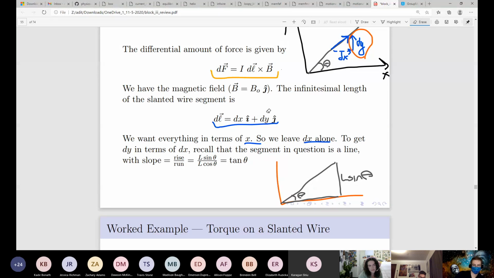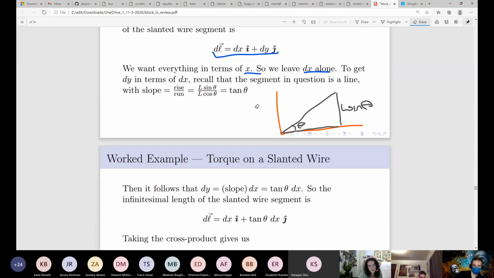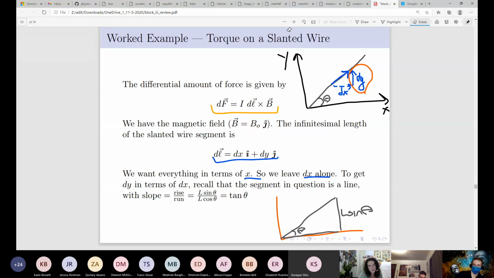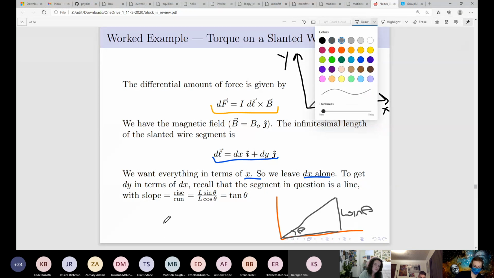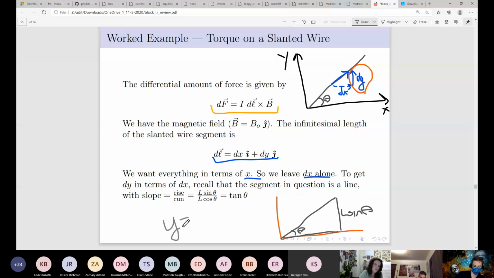Now that we know the slope of the line, and we know it starts at the origin, the equation that describes our line is just the slope times x, y equals mx plus b. So y is equal to tangent of theta times x. Tangent of theta is a constant. Even though it has theta in it, theta isn't changing, so that's just some number.